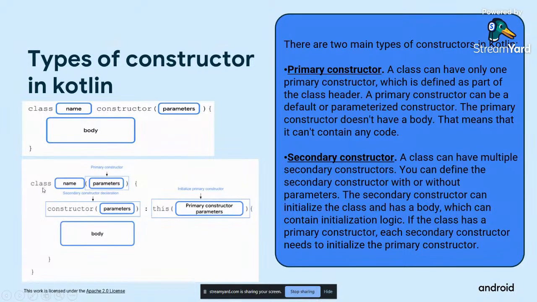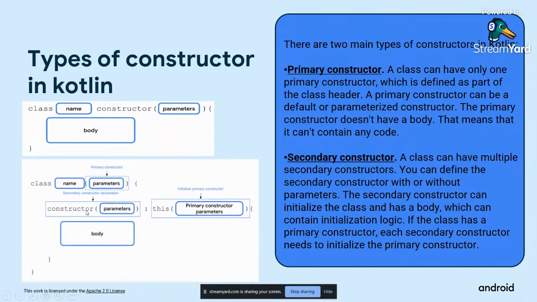So here we can see how it is done. Here we have used class, then we named it, then we passed the parameters. So this is the primary constructor. Now we have created one more constructor, which is going to be our secondary constructor.